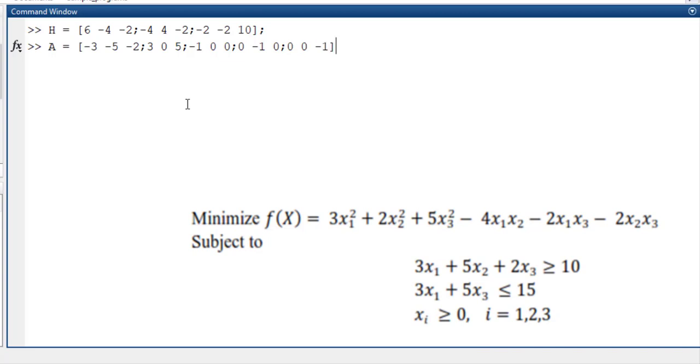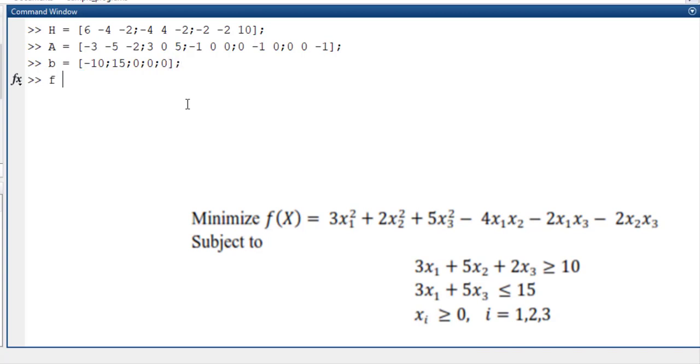So like that I will get a matrix. And what is the B matrix? I have to write here minus 10 semicolon 15 semicolon 0 semicolon 0 semicolon 0.